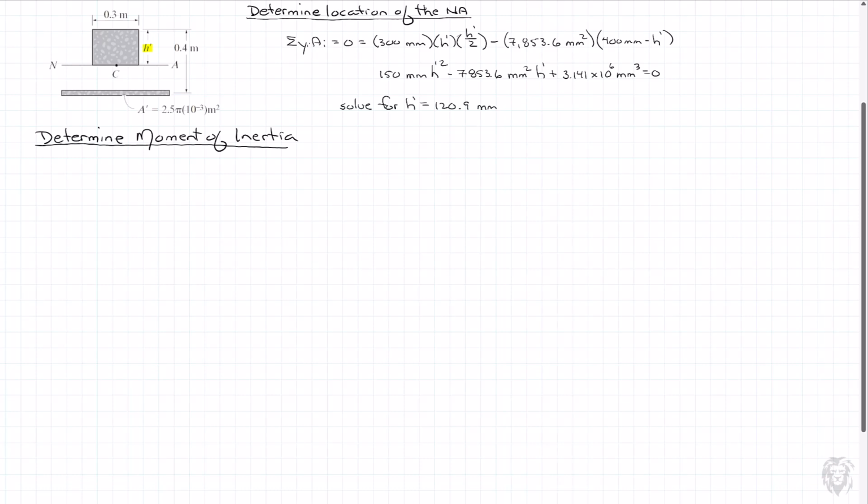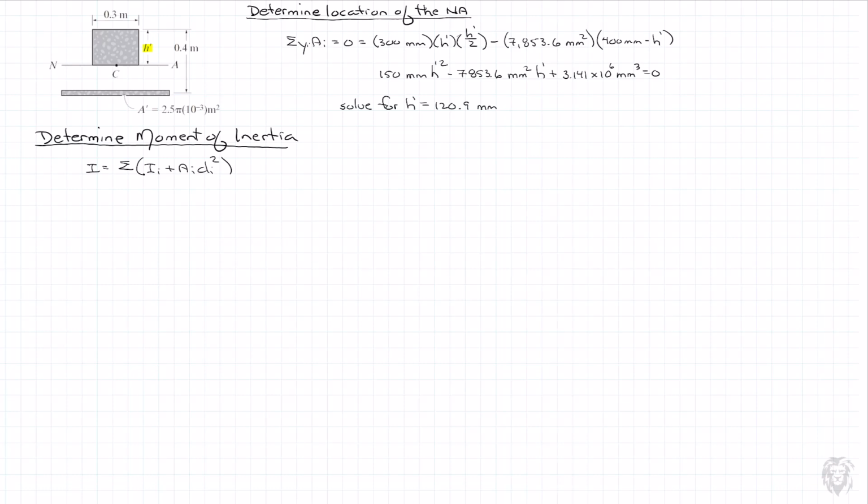So I is equal to the sum of the moment of inertia about its own component centroid, plus its area multiplied by d at i squared. d at i, of course, is the distance from the composite neutral axis to the component neutral axis.